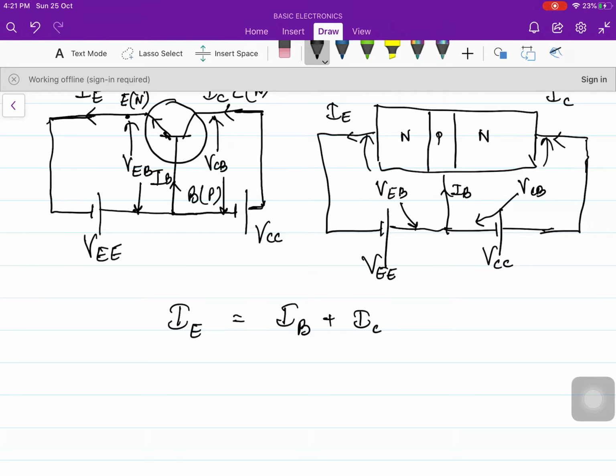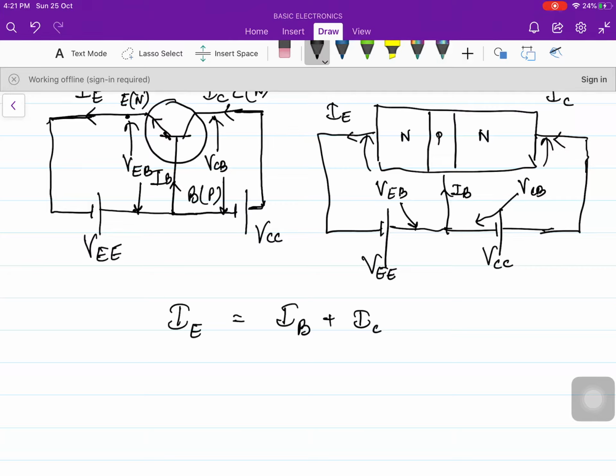One thing which we did not consider while discussing the working of NPN transistor was that we were discussing that 98% of the electrons from the emitter will reach the collector. But as you know that the collector base junction is reverse bias, so we neglected the reverse saturation current that will flow in the collector base junction because it is reverse biased.